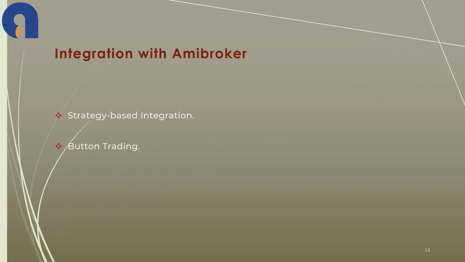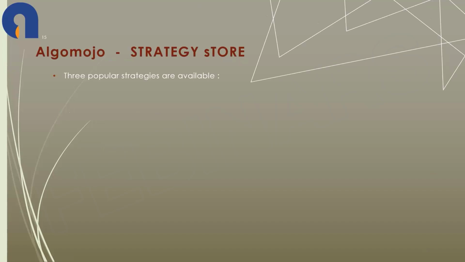So here again, we have a strategy based automation that you can do. Button trading is available, exploration is available. This is new stuff that we have just launched. It's called Strategy Store, where we give you three very popular strategies: super trend, half trend, and alpha trend.